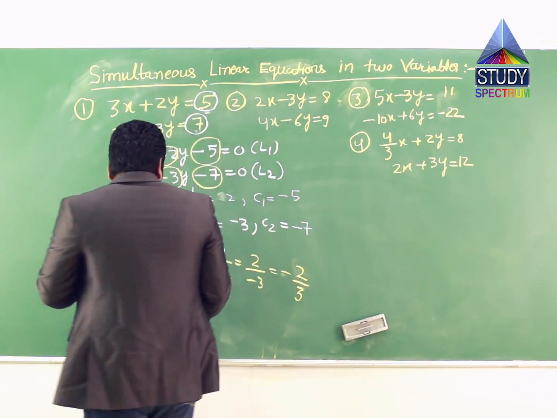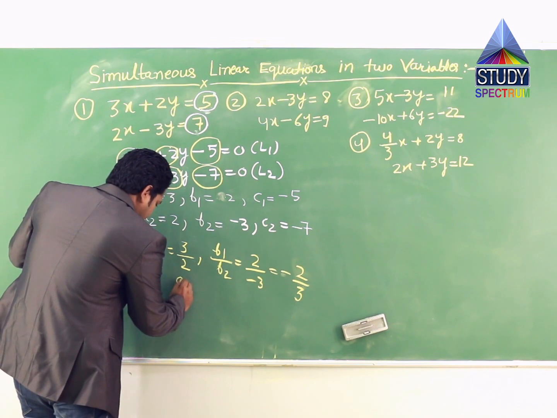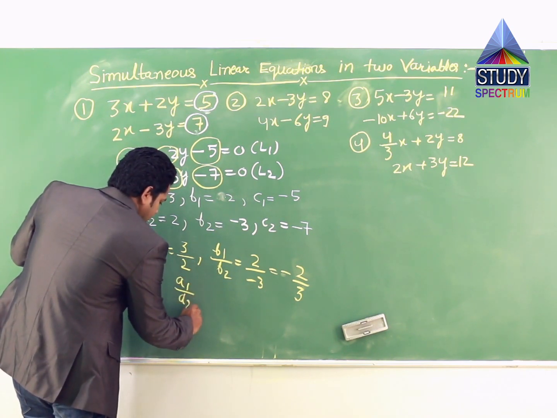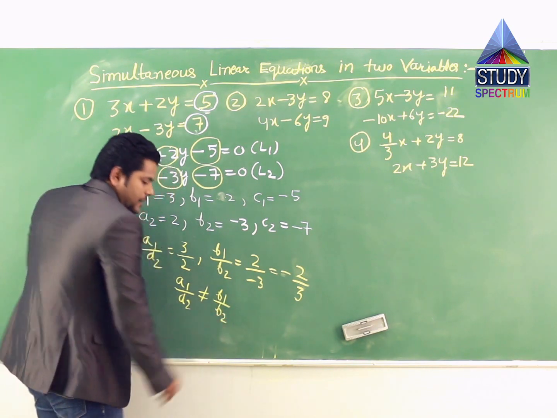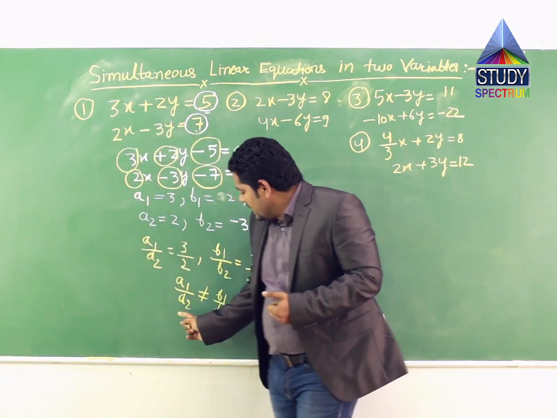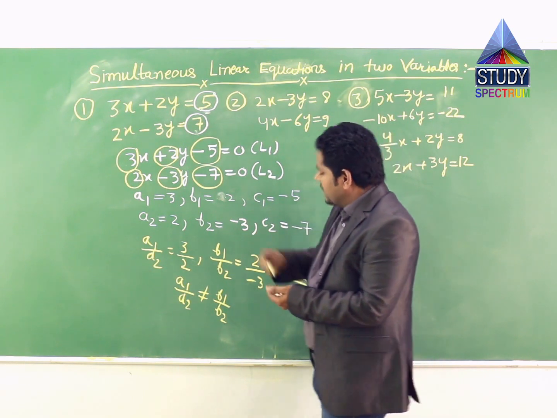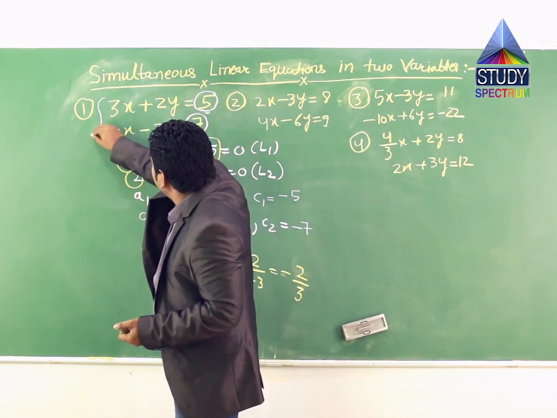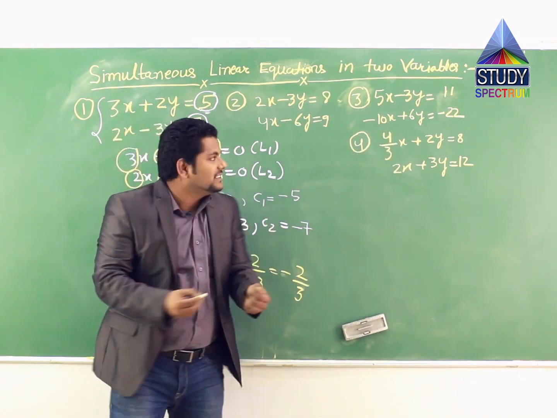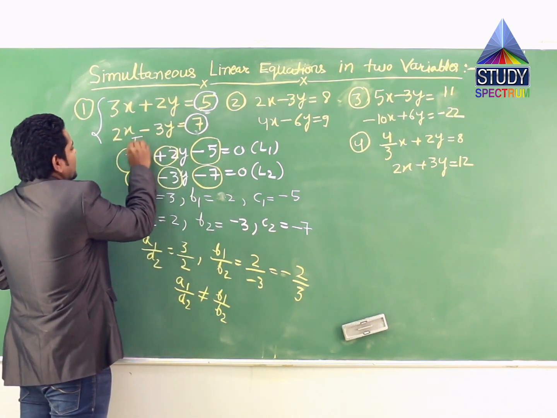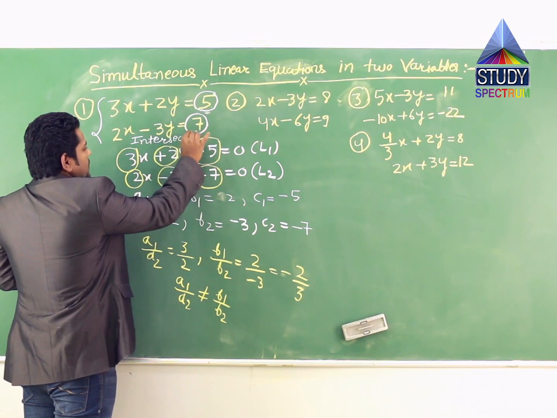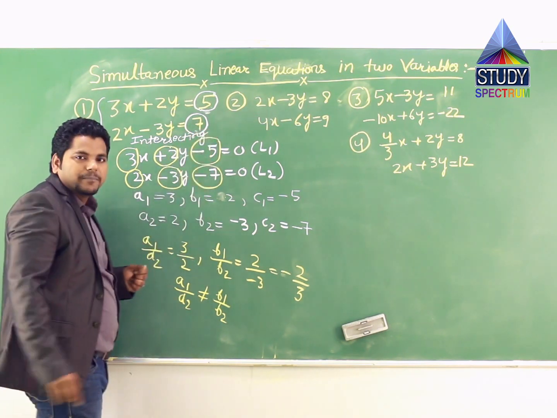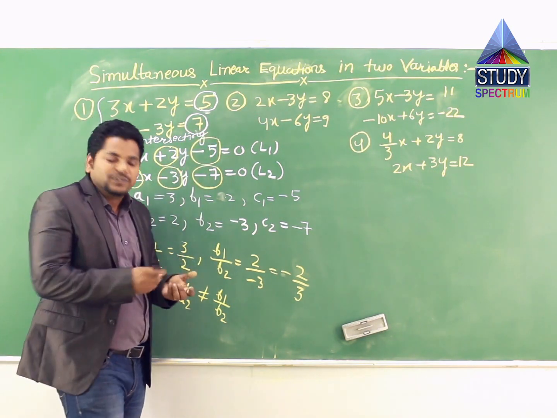So here A1 by A2 is not equal to B1 by B2, so both lines will be intersecting. These lines are intersecting lines, so it will have one solution.